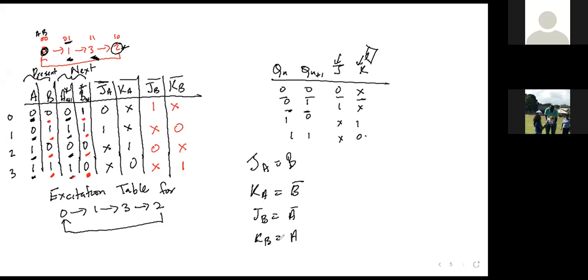So now we are in a position to do the circuit. It's 2 inputs, so let me just draw the circuit here. The JK flip-flop.